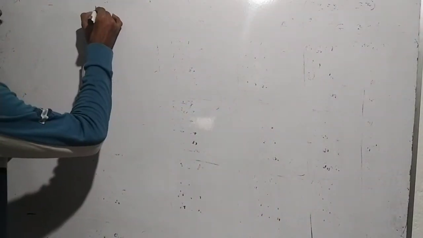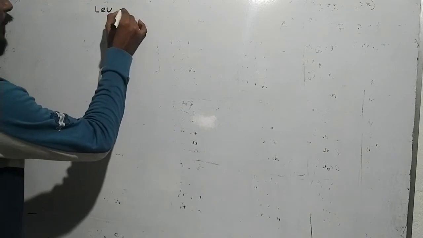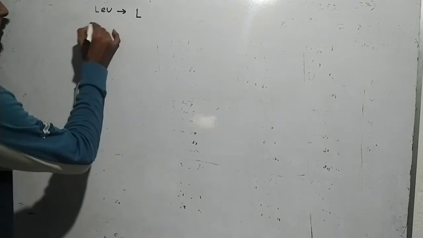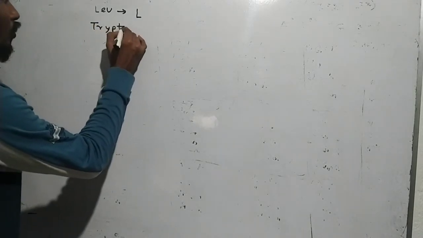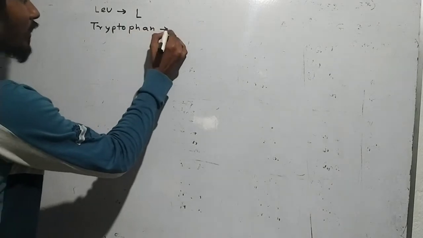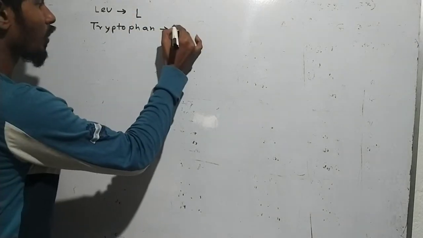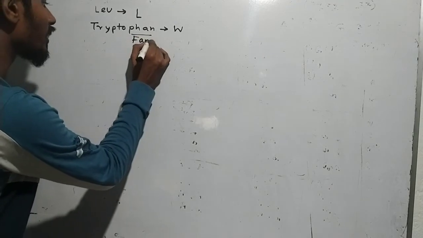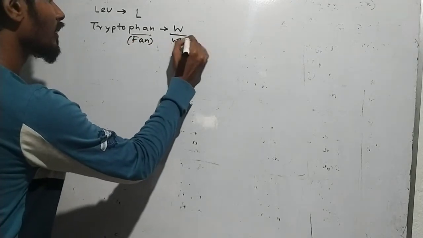For example, leucine can be abbreviated as a single capital letter L. Or if you want to talk about tryptophan, it has a one-letter abbreviation, that is W. You will be wondering why W. I will tell about it later in another video, but here just remember this trick: a fan's color is white, and it's very easy to understand.